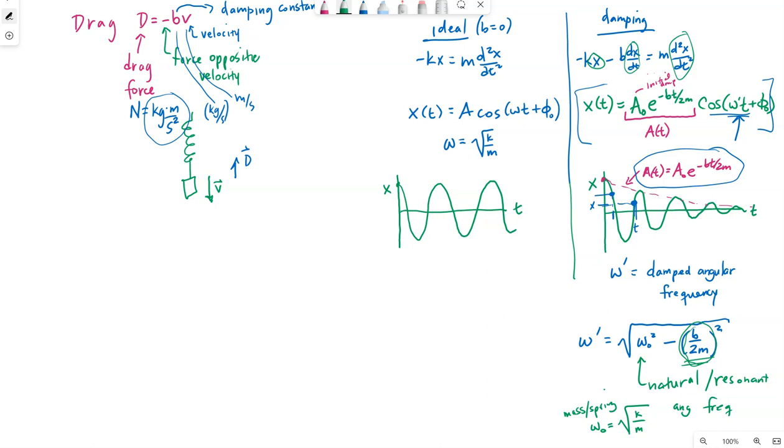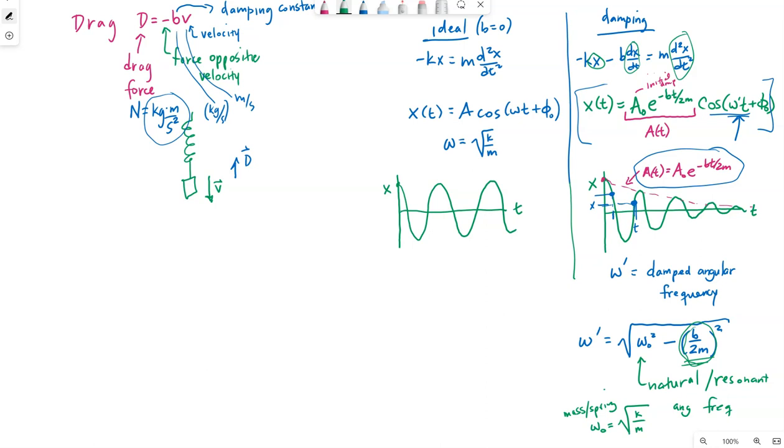It is completely possible to have b be large enough that omega prime goes to 0. And we call that a critically damped system. It is also possible to have b be large enough that we end up with a negative answer in there. And that is called an overdamped system.